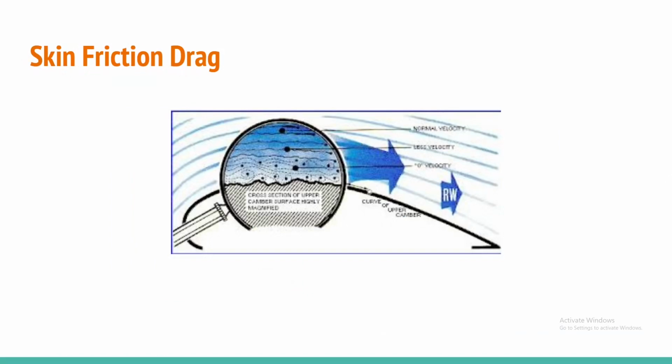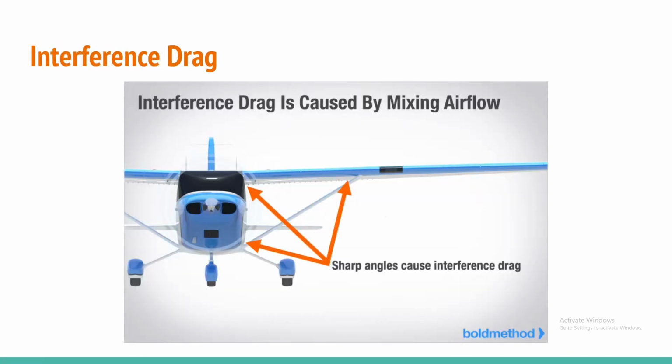Even though the surfaces of an airplane might appear smooth, they have microscopic roughness that creates resistance as air flows over them. The smoother the surface, the less skin friction drag it produces. Interference drag occurs at the intersections of different aircraft components, such as where the wings meet the airplane body. These junctions create complex airflow patterns that increase resistance.